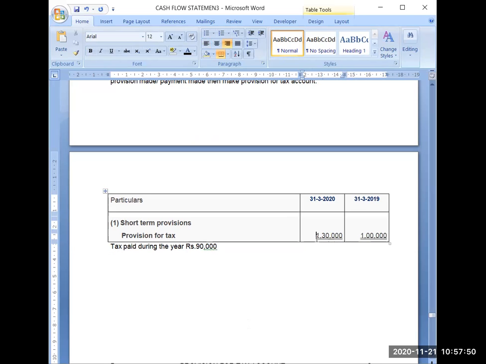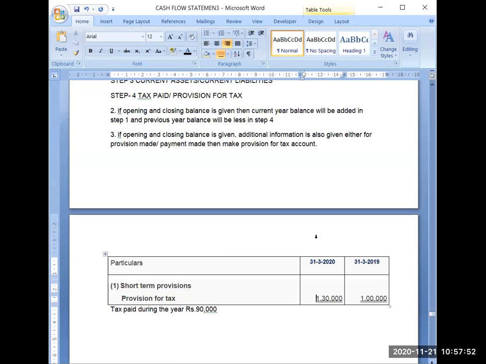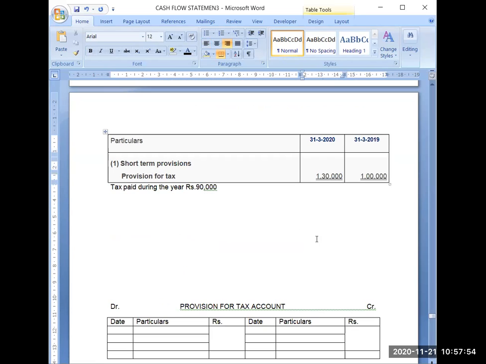So opening balance is how much? Can you tell me? Opening balance is how much? Yes, 1 lakh. And closing balance is how much? Yes, closing balance is 1,30,000.